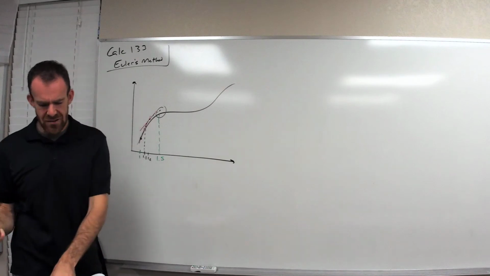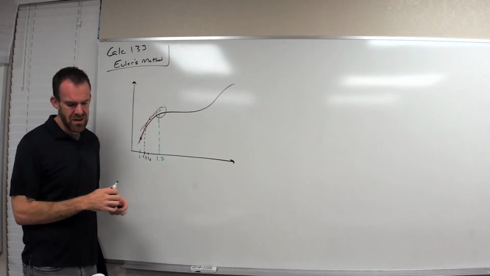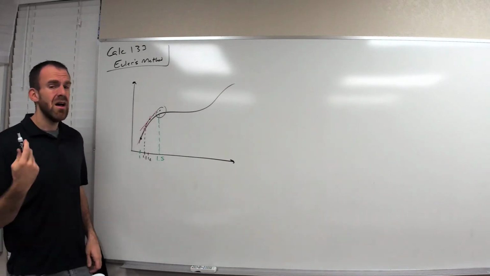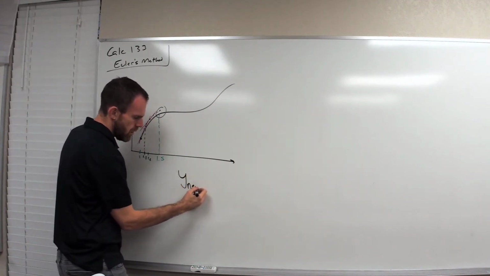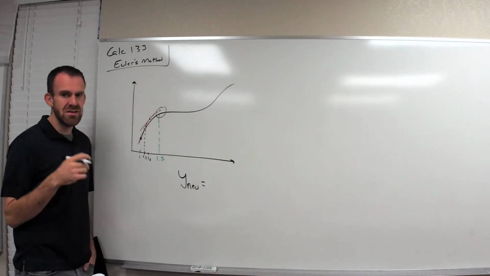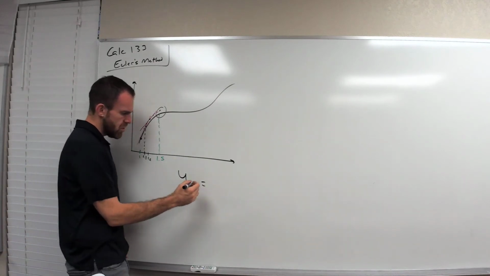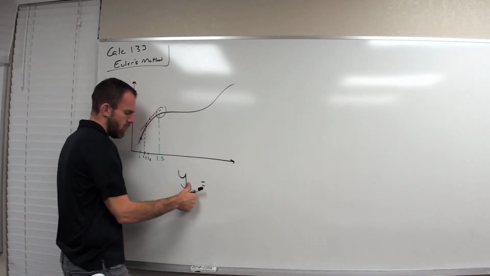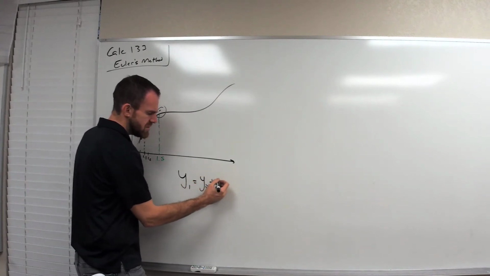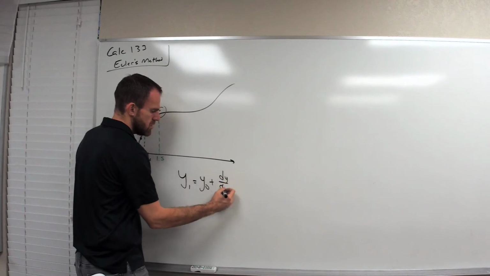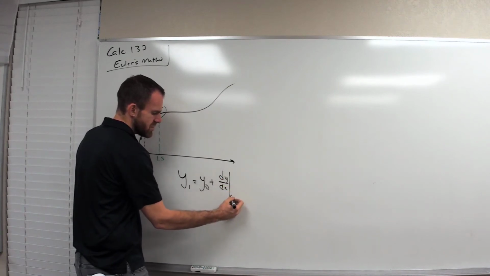Now, if that sounds like a lot of work, don't worry about it, because it's really not. Here's the formula that you use. I would highly recommend plugging this into your calculator so that you can just plug and chug. So your new y, or let's call it y1, is y0 plus the derivative at the point (x, y).